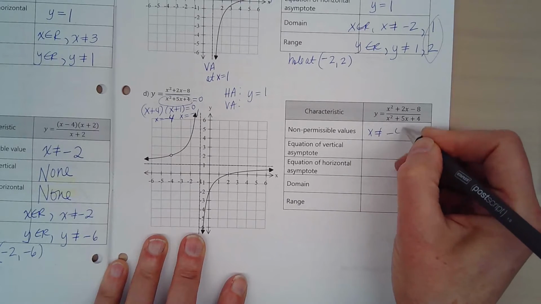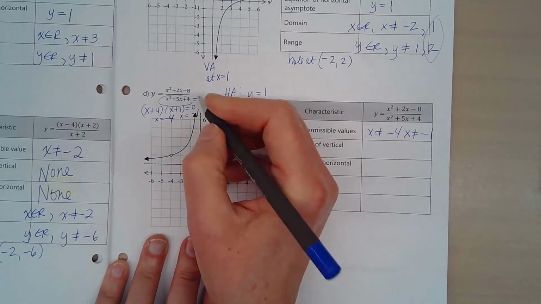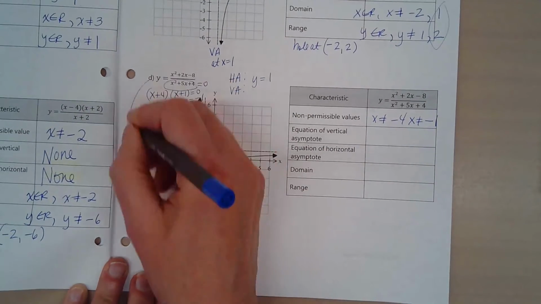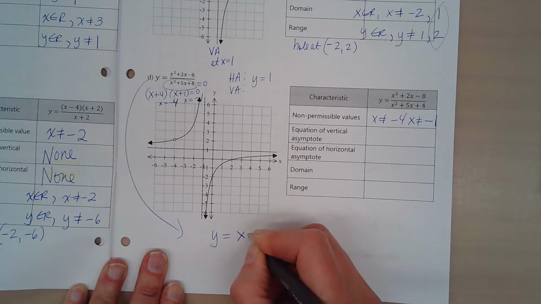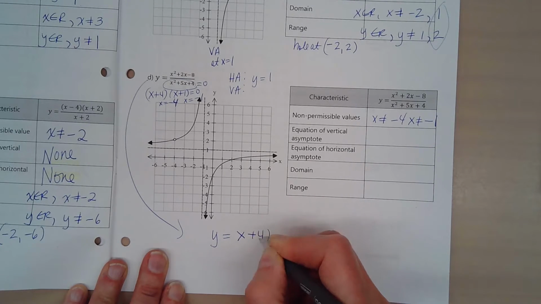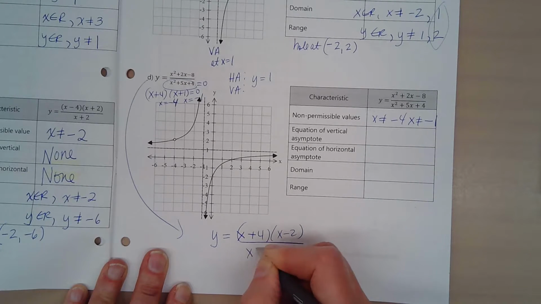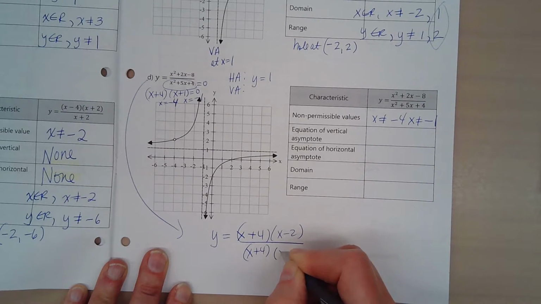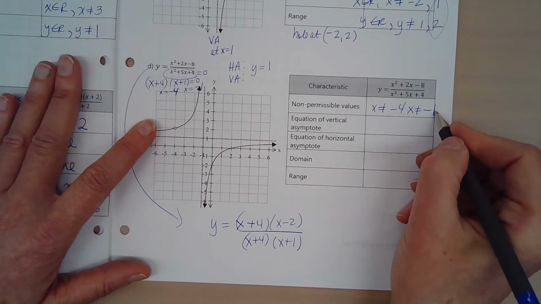Maybe it factors, right? Okay, I guess I have to factor the top too. Sorry, we'll do one more thing down here. So y equals (x plus 4)(x minus 2) all over (x plus 4)(x plus 1). Okay, my non-permissible values are negative 4, negative 1.